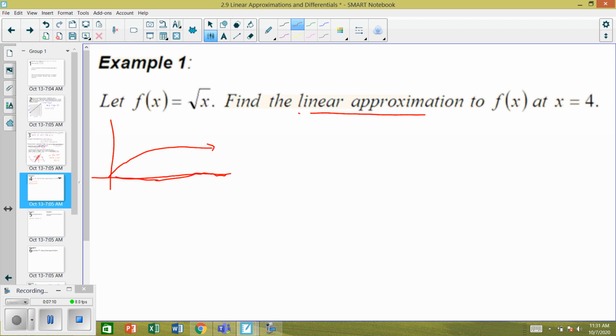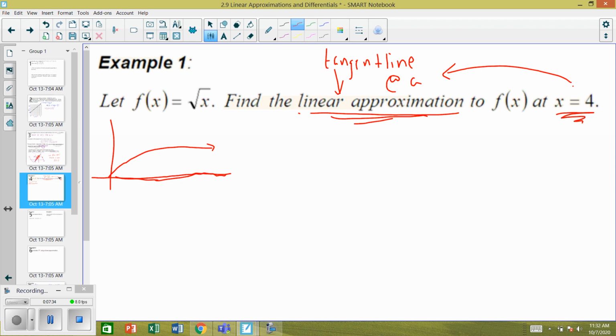It says find the linear approximation, which is another way of saying tangent line at A. So it says find the linear approximation to f of x at x equals 4. So all that's saying to do is find the tangent line at x equals 4, which is nothing too crazy at all.